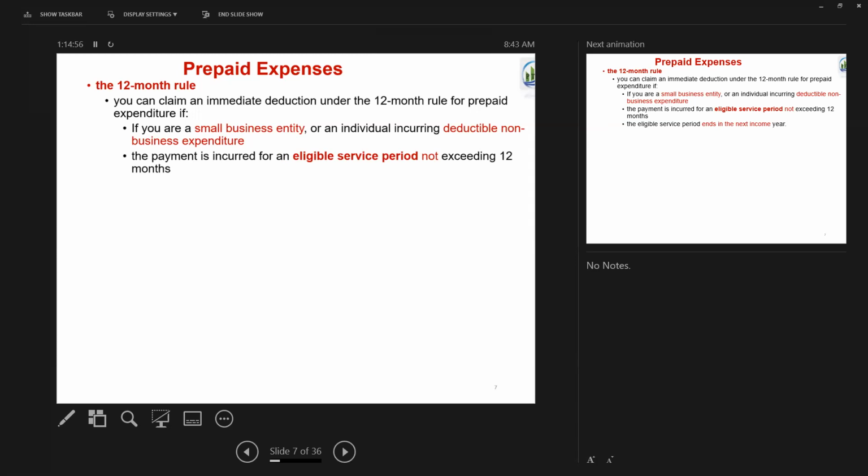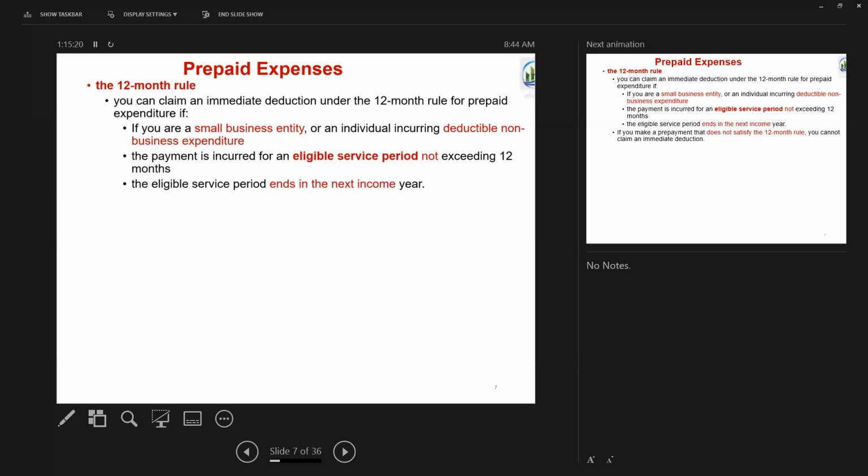How many months is that? 12 months. So your eligible period does not exceed 12 months. What's the meaning? You are able to claim this year, right? And the eligible service period should end next year. You cannot go more than a year, right?